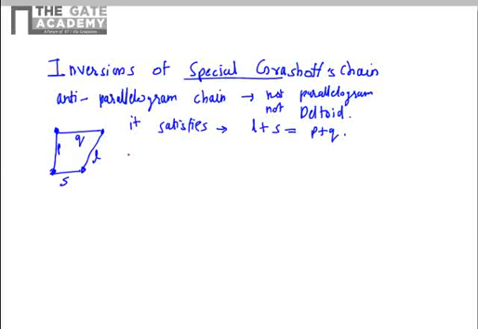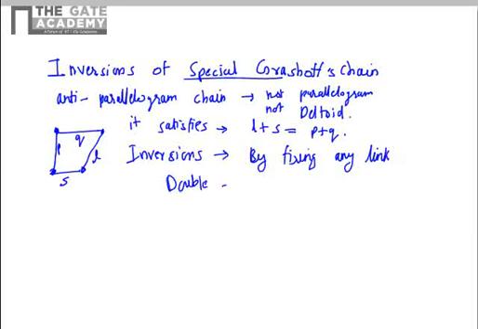So what are the various mechanisms obtained by inversion of this chain? By fixing any link, we get a double crank mechanism. So in a double crank mechanism, if you fix the link, there are two cranks.